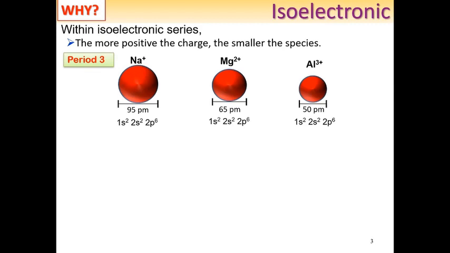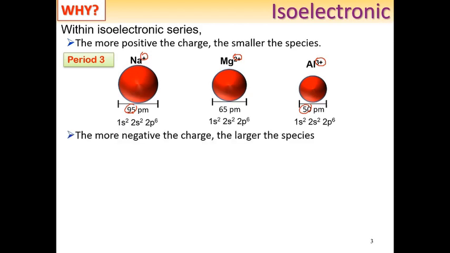The positive charge is increasing, but if you look at the ionic radii, from sodium to aluminum the number is decreasing, 95 to 50 picometer. So the more positive the charge, the smaller the species.